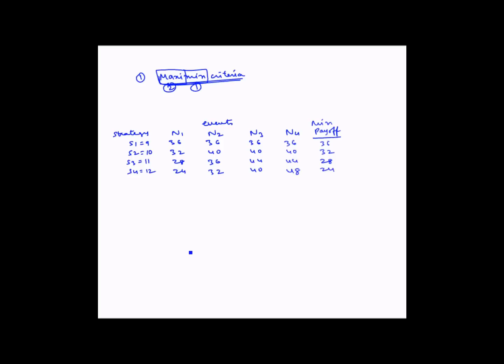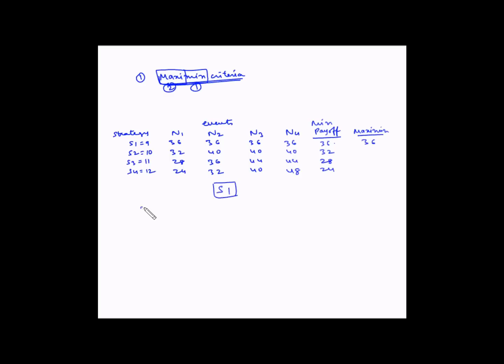Now Maximin criteria is to find the maximum amongst the minimums. So from the minimums, 36 is the maximum, so Maximin is 36. That is to choose strategy S1.